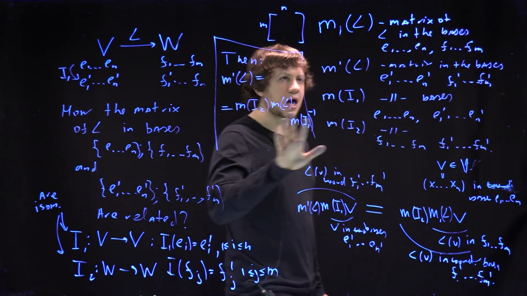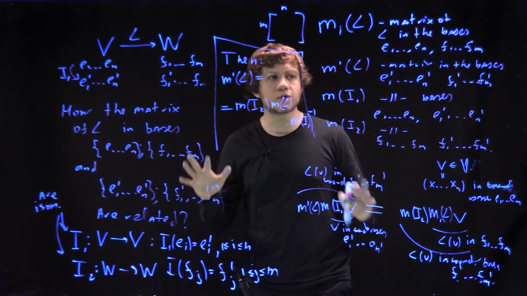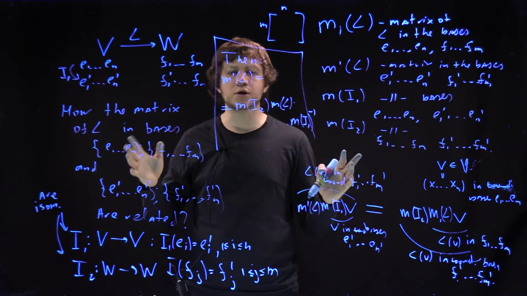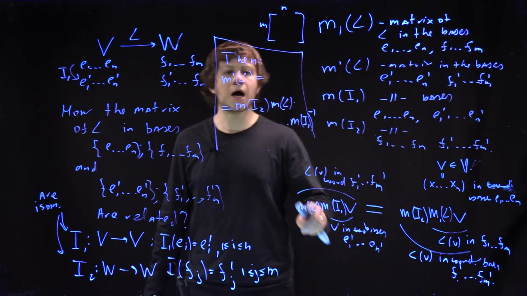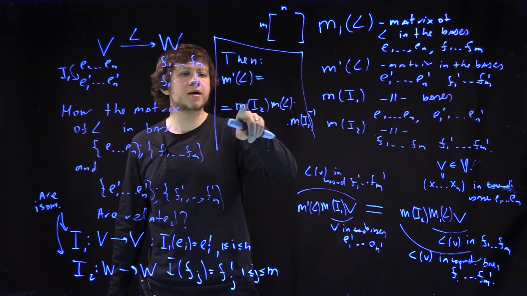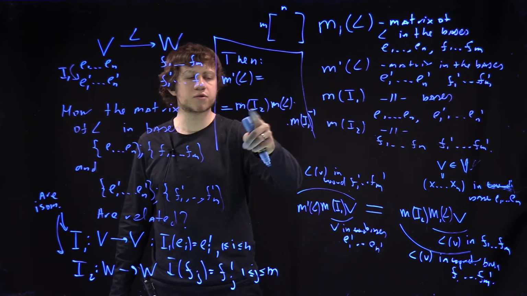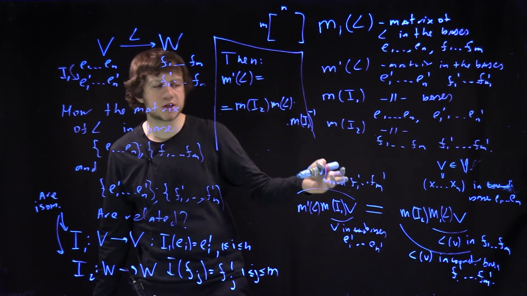So you need to understand the logic and follow it once or twice, maybe try to write down some examples, but I don't think memorizing this formula is actually possible, to be honest, at least not for me. You can remember that for M prime of L, you need to multiply on one matrix on the left and on the other on the right, and it's easy to see what the sizes are, because otherwise you will not be able to multiply matrices.